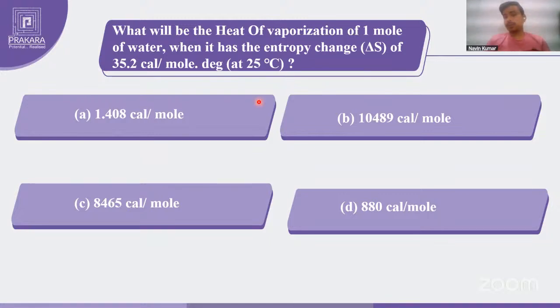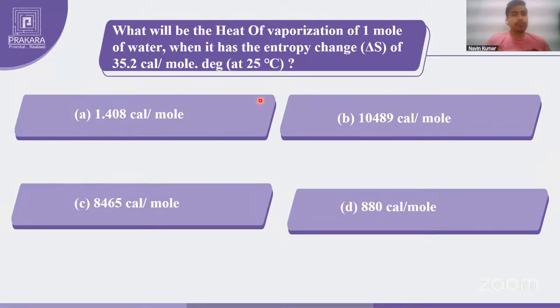If you have an idea about those formulas, what is left is just multiplication, division, subtraction, and addition, and you will be able to solve this question in less than 1 minute.